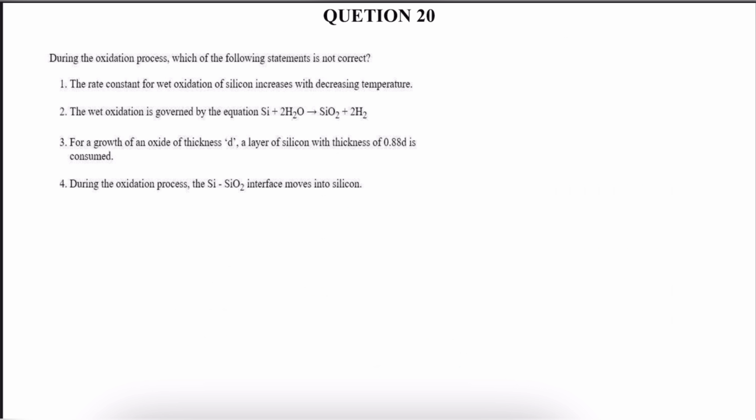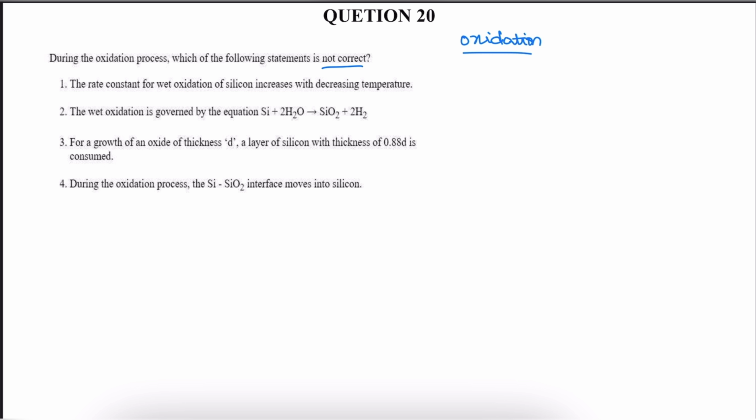Next question. During the oxidation process, which of the following statements is not correct? They ask to find the incorrect statement, so 3 are correct, 1 is wrong.